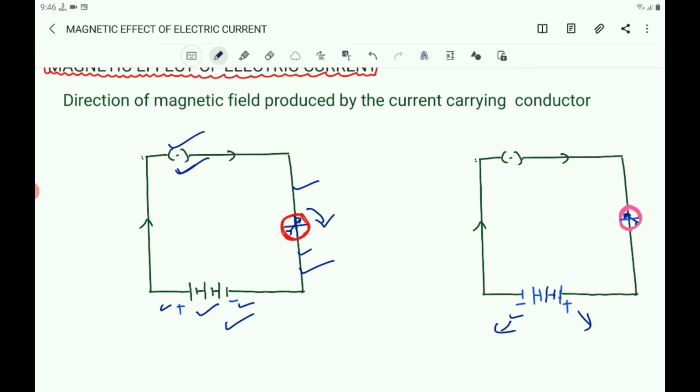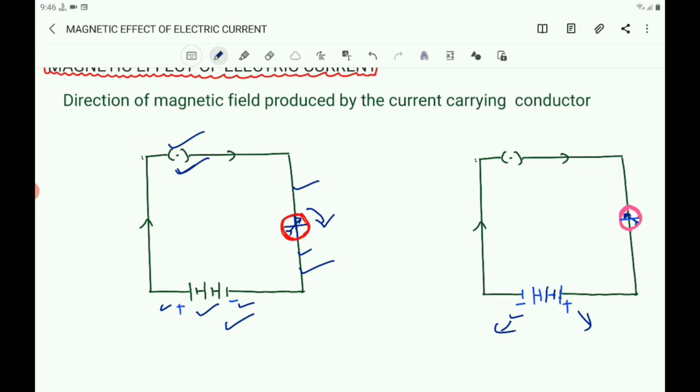In this case, the result would be the change of the direction of the current through the copper wire, that is from south to north. And what will be the change in the direction of the deflection of the needle?